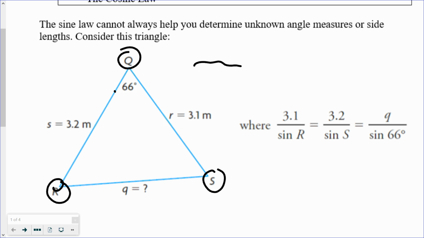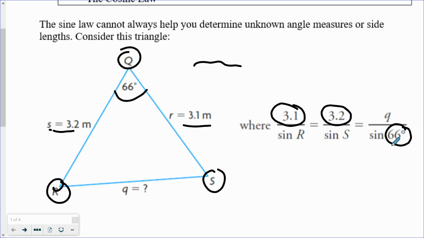We're given the measure of angle Q is 66, and that's the only angle that we have. Then we have side length S and side length R. If we were to set up our sine law, we know side length R is 3.1, side length S is 3.2, and angle Q is 66 degrees, but we don't have any other pieces of information.